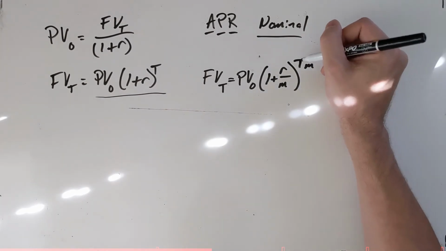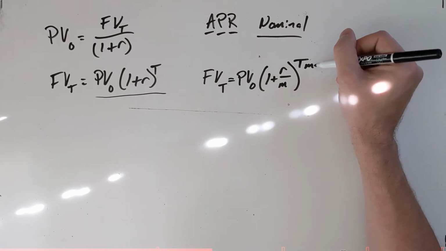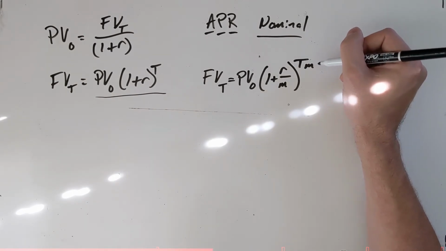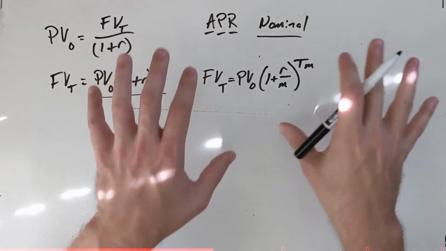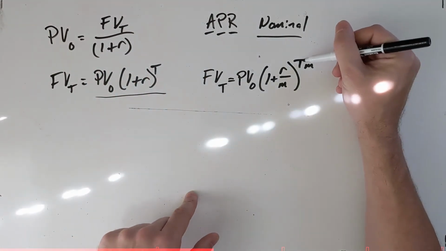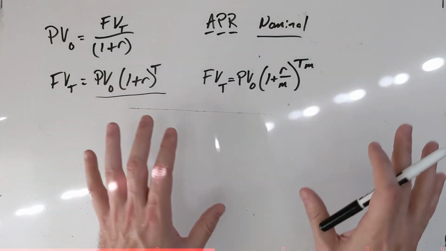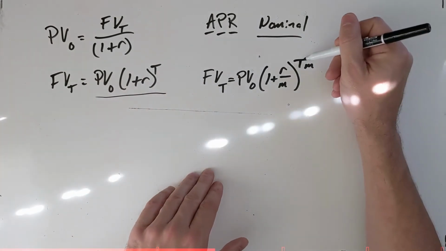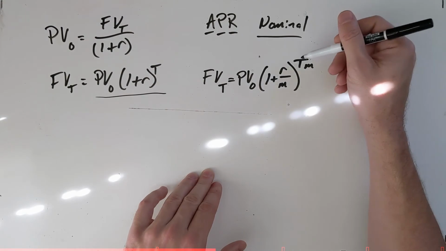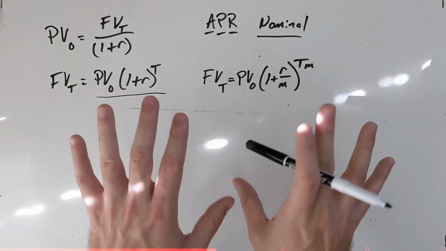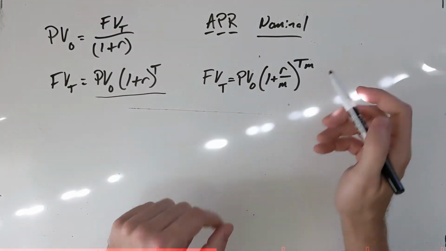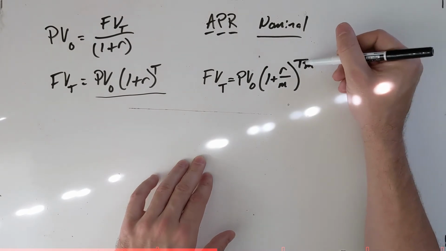Okay, so if t is in years, m stands for the number of periods, the number of subdivisions for compounding per year. Okay, and again, it doesn't have to mean that. That's just how we usually define the length of time that t represents. Okay, t for us mostly going to mean 1 year. Okay, so m is the number of periods per year.